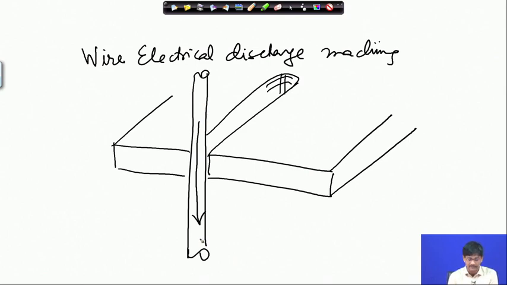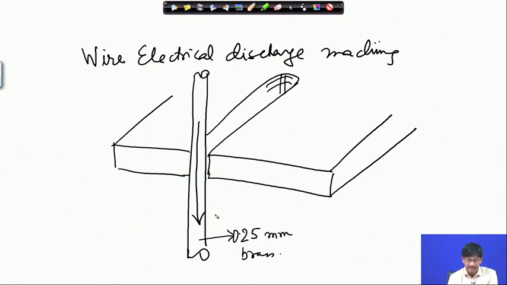What is the diameter of the wire? Maybe 0.25 millimeters, a very thin wire. What material? Say brass. It can carry current, but that is all. It does not have any cutting ability as such.